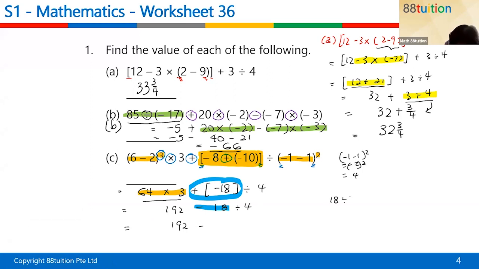I do my side working: 18 out of 4, 9 out of 2, so then I get 4.5. Okay, so minus 4.5. I get down to 192 minus 4 first, I get 188, then 187.5.